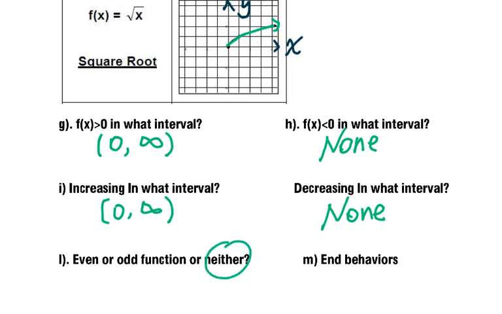It's neither, because it does not reflect across the y-axis and does not reflect across the origin. For the end behavior, we only check when x goes to positive infinity. Then y will go to positive infinity too.